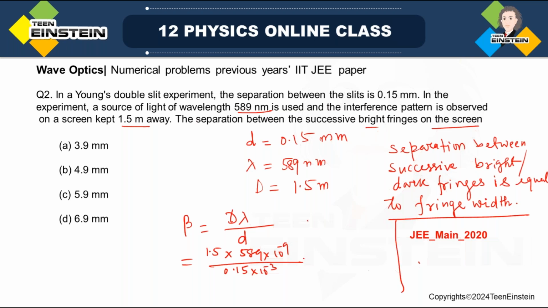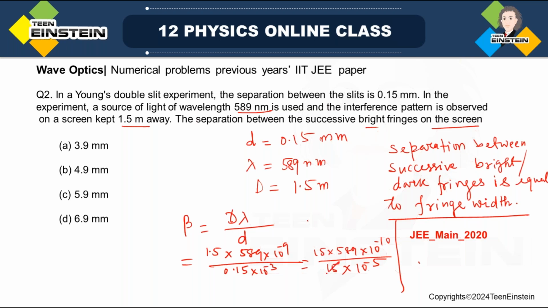Okay, look here, I'll just do the simplification. This 1.5, I'll write 15 itself. This is 589 into 10 to the power minus 10. I hope you don't have any problem. Here in the denominator, I'll write 10 to the power 5.